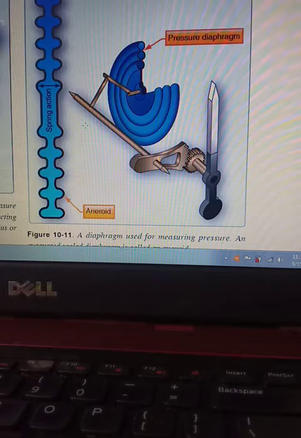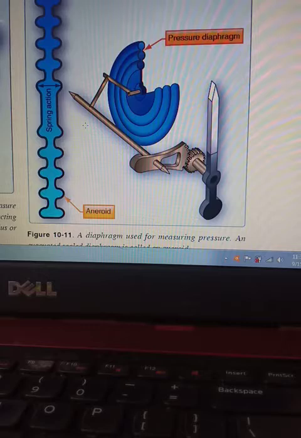This will measure the engine oil pressure and hydraulic pressure. Those are examples of instruments using a Bourdon tube for pressure measurement.